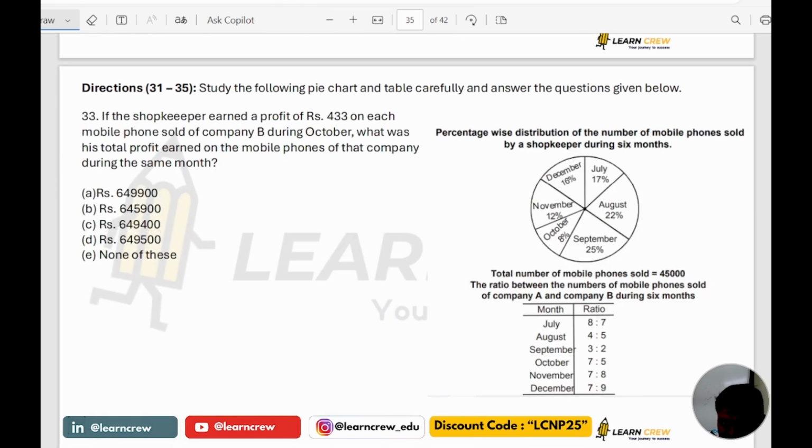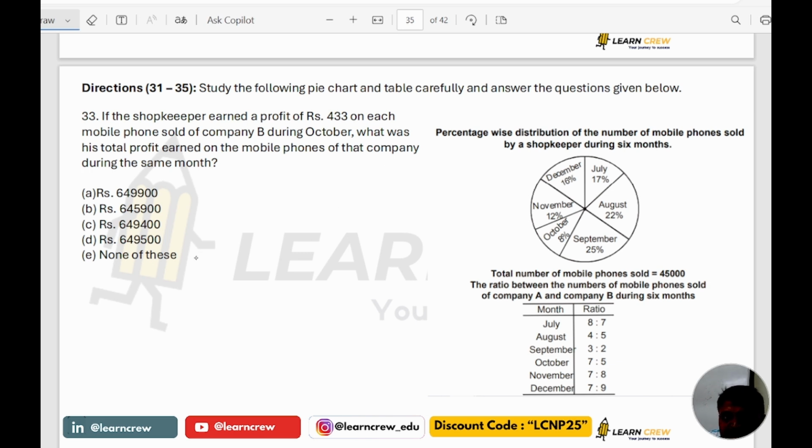Now 33. If the shopkeeper earned a profit of 433 on each mobile phone sold by company B during the month of October, what was his total profit earned on the mobile phones of the company during the same month?